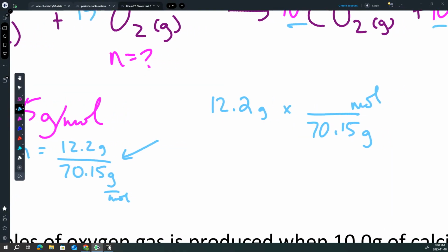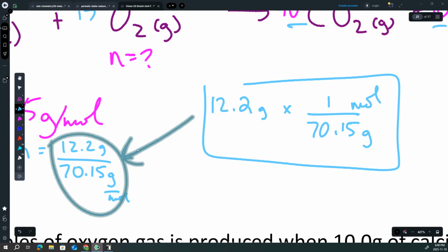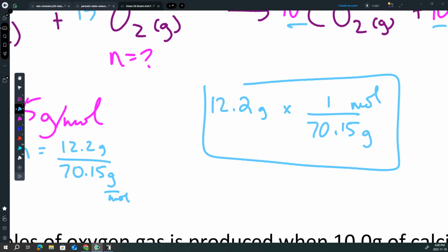So essentially what you're doing is taking 12.2 and timesing it by 1, if you really want a number there, and you are still dividing it by 70.15. So this is the same as this. I'm just showing you this other way to show how the units cancel out. Grams is on the top and the bottom, so that's how you know you're left with moles.